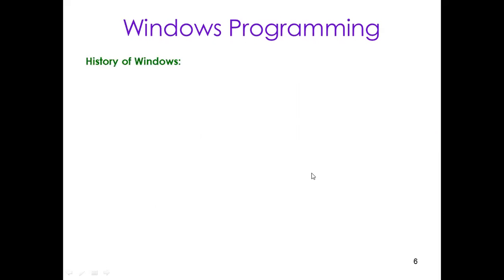So let us start the history of Windows. In 1981, the first Windows-based PC was designed by IBM. So IBM is the first organization to design an operating system based on Windows.